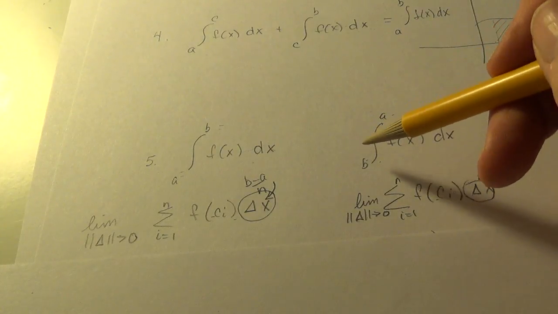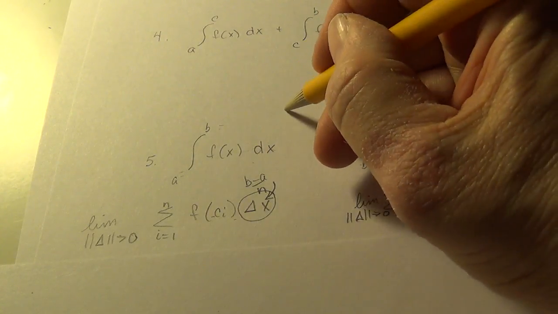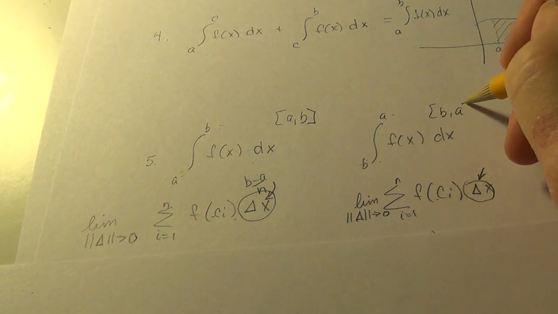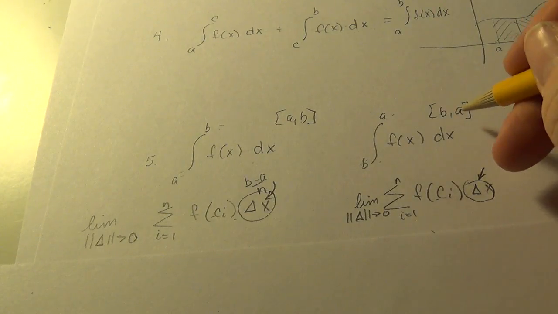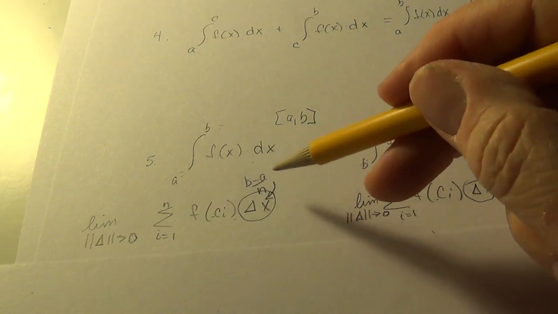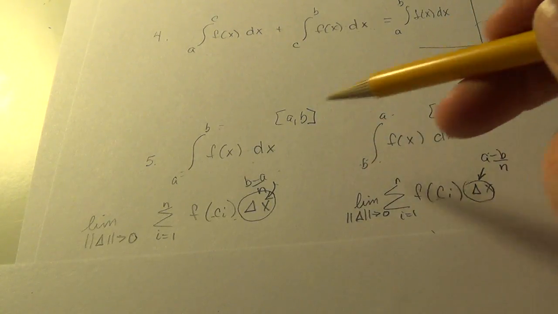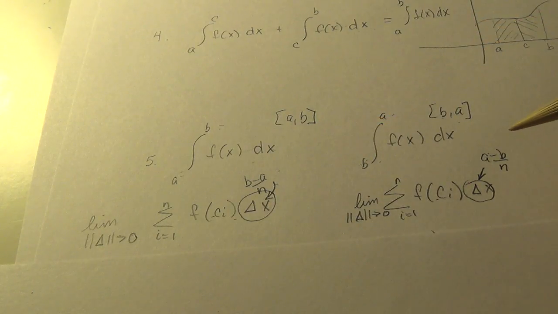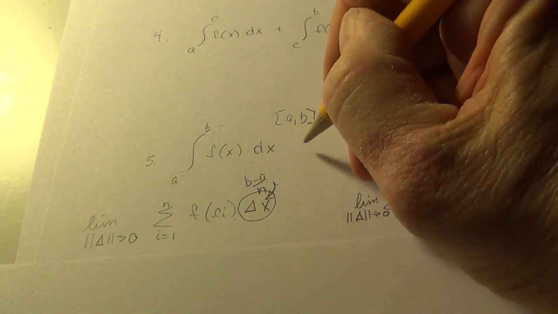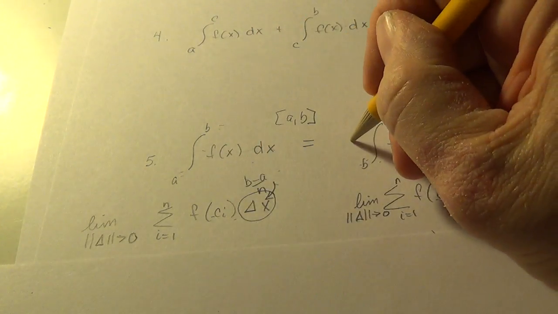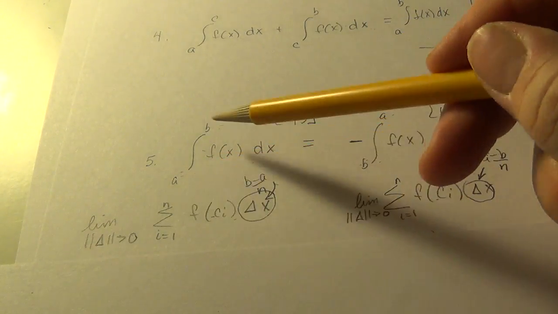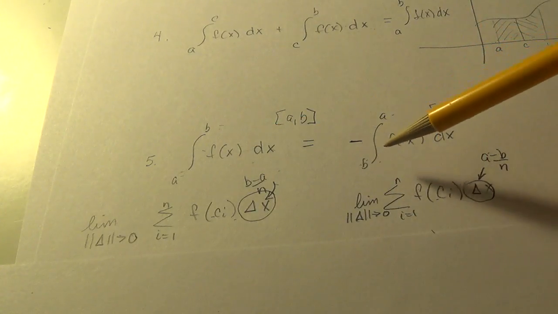Here we're going from b to a, so the interval is from a to b, but on this one the interval is from b to a. So we're going to do the second minus the first over n. So what's the difference between these two numbers? Well, they are the same number, but they have opposite signs. And that will cause the same thing to happen with these integrals. These will be equal if one of them is given the opposite sign. So this principle holds. The integral from a to b of a function is negative the integral from b to a of the function.